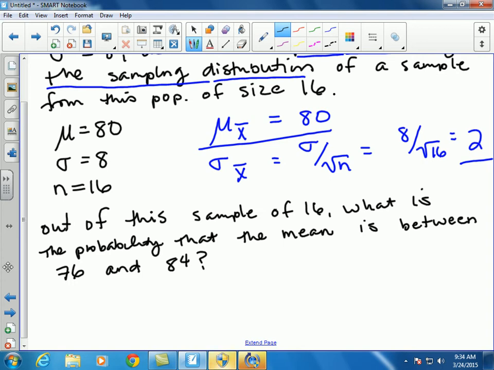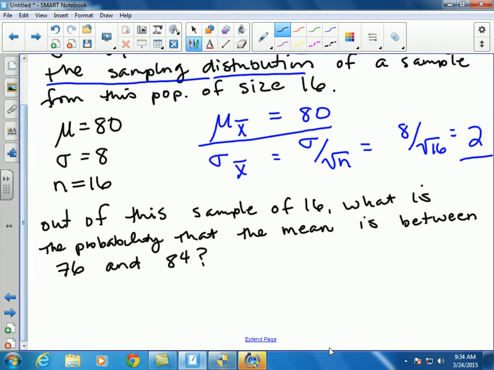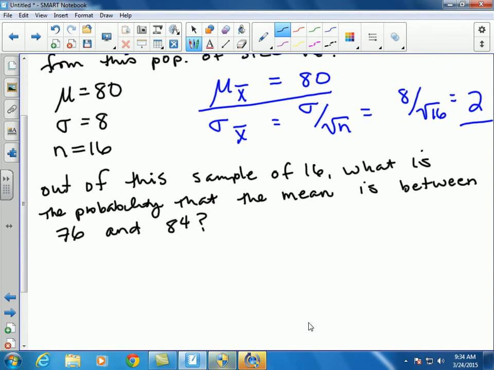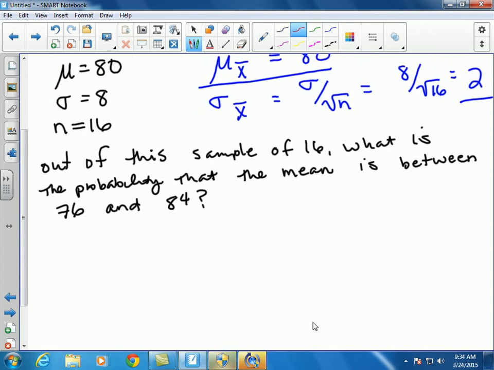Okay, so it's the same kind of probability questions that you did when you dealt with the normal distribution. It's still the same thing because it's normally distributed. The key here is that it says, what is the probability that the mean? It's not the probability of the scores, it's the probability of the mean. So in this case, we're asking what is the probability that the mean is between 76 and 84.